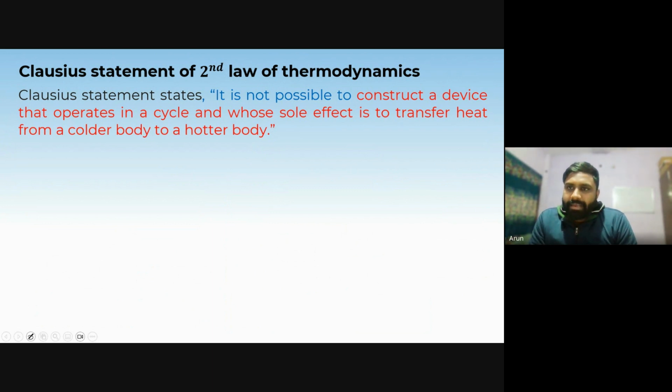Is this possible? Can we take up the heat? Heat will always flow from higher temperature to lower temperature. So it is not possible to construct such a device that could take up heat from the cold source and deliver it to the hot source without any use of work. Okay, so it is not possible.